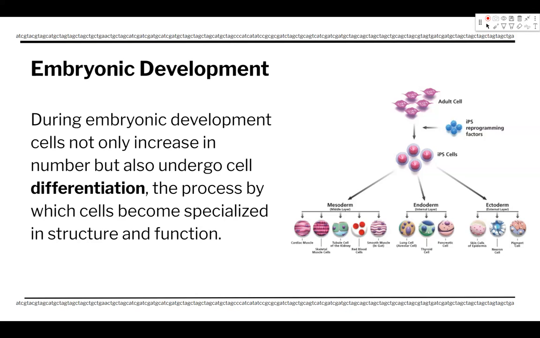So making sure these three layers exist early on in development is super important. And that process of going from these stem cells to these layered, faded cells, and we'll talk about what faded means in a minute, is called differentiation.